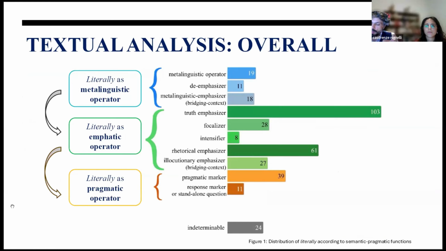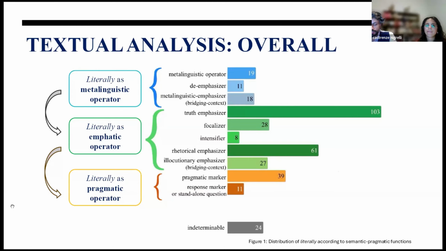So, moving from metalinguistic in blue to emphatic in green to discourse pragmatic operator in orange. Overall, it's significant that metalinguistic functions, those closer to the original lexical meaning of literally, are less frequent than subjective and pragmaticalized functions, which is evidence of an ongoing semantic bleaching.